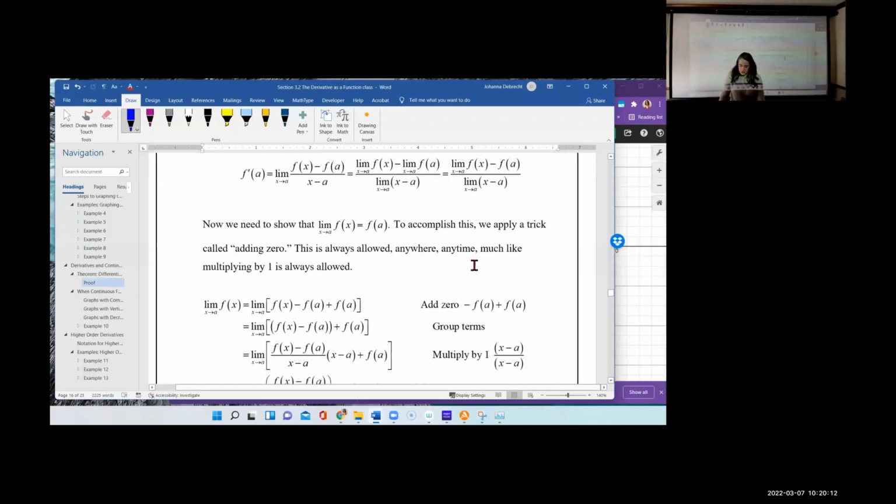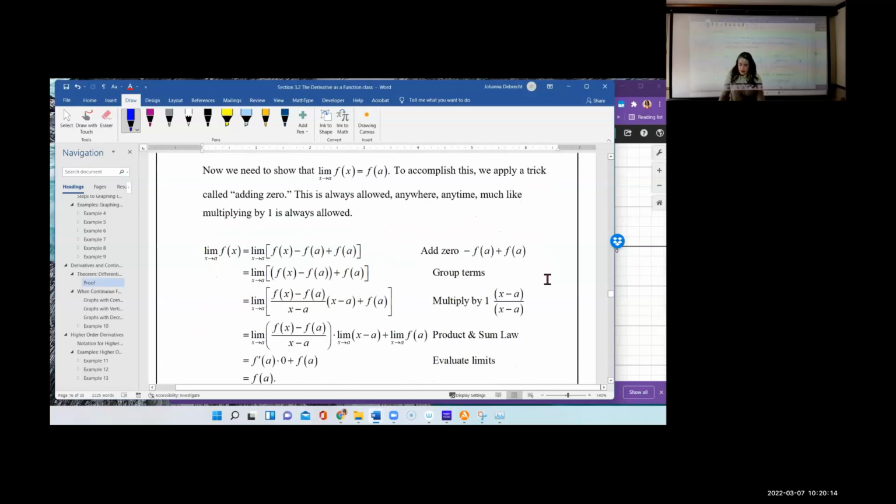There are two things that you're always allowed to do anytime, anywhere, as much or as little as you'd like. They are adding 0 and multiplying by 1.